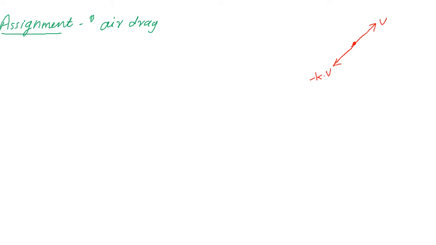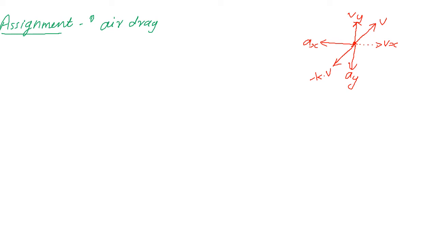Therefore, that means when there is some velocity vx and vy, there will be some acceleration in the x direction like this and acceleration in the y direction like this. Okay, so as a result, the equations will change.